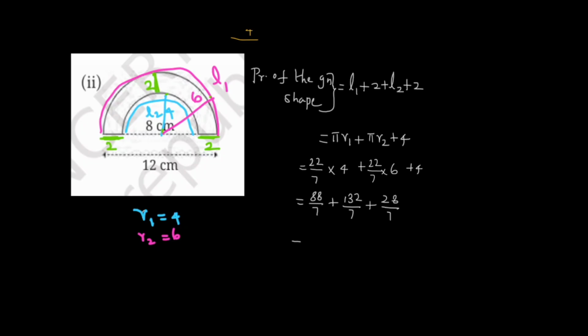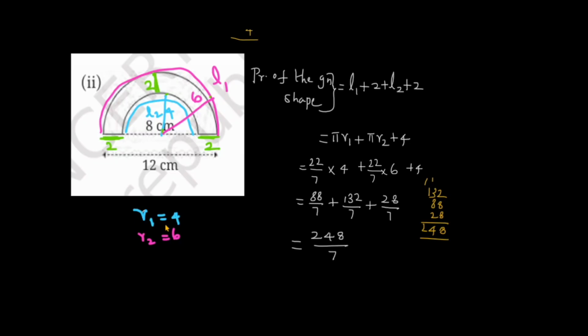So when we are adding all the three numbers, 88 plus 132 plus 28 is 248. So numerator 248 and denominator 7.